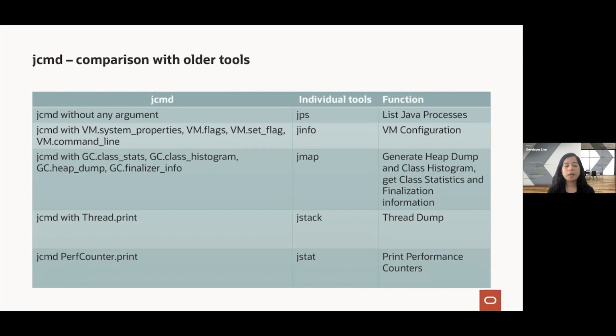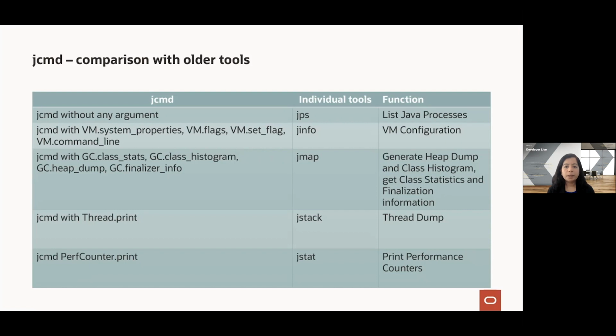So jcmd provides the same kind of functionality as the jps tool. Now, when jcmd is used with commands like VM.system_properties, VM.flags, or VM.set_flag, it provides the same kind of information as jinfo, which allows us to perform certain operations on a running application.